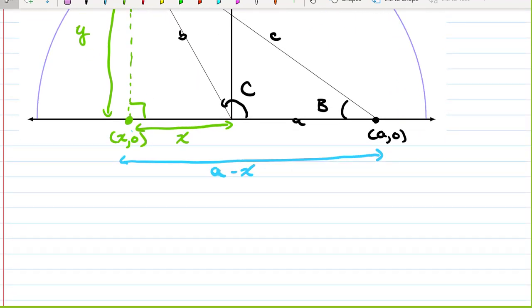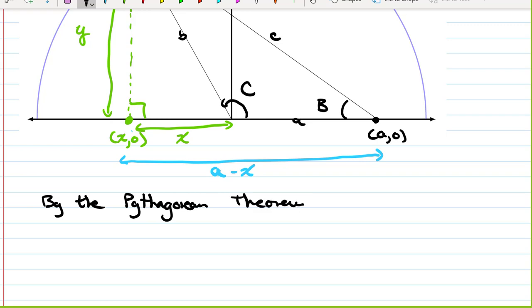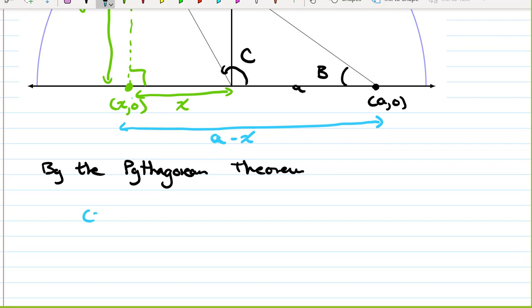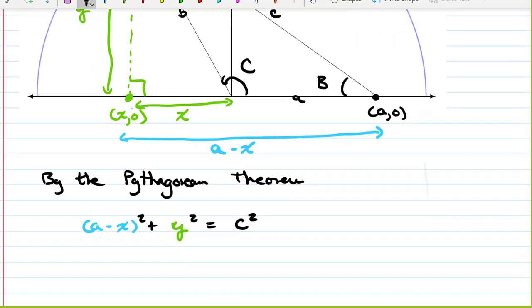So by the Pythagorean theorem, (a minus x) squared plus y squared has to equal c squared, where c is the hypotenuse.